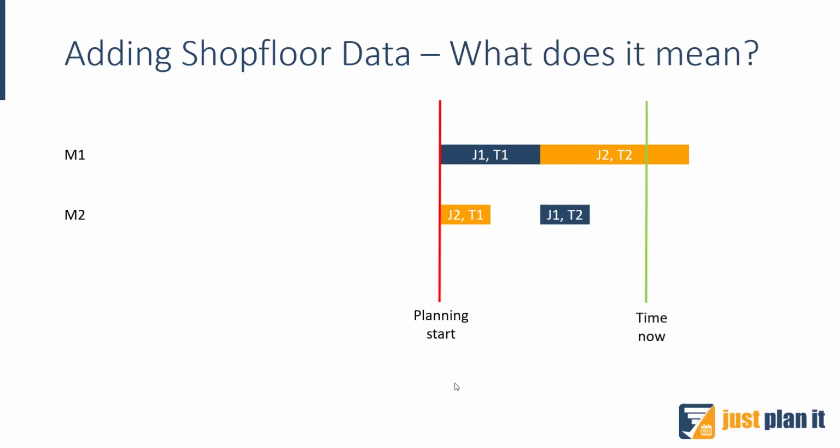Let's assume a couple of hours have now gone forward, and that means that within this time span between the planning start and the time now, something happens on your shop floor. Normally within that time, task 1 of job 1 should have been finished, task 1 of job 2, task 2 of job 1 should have been finished, and job 2 task 2 should be started and under execution currently.